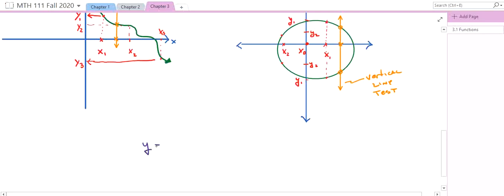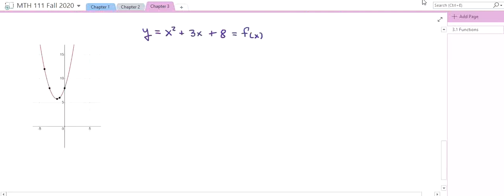Now when we're talking equations, we often represent equations. Say we have this equation y equals x squared plus 3x plus 8. Well, as it turns out, this is a function. f of x is how we would represent it, or we could say this is the same thing as f of x, or y is a function of x. Here's a graph of that function in this plot.